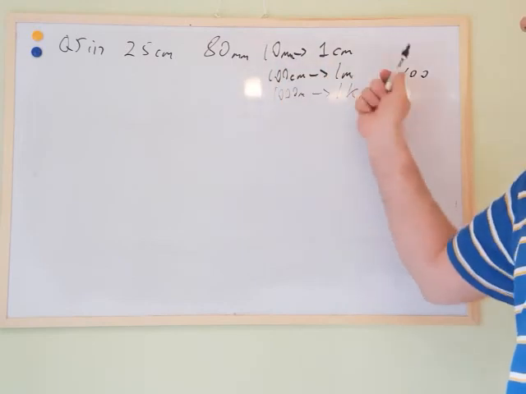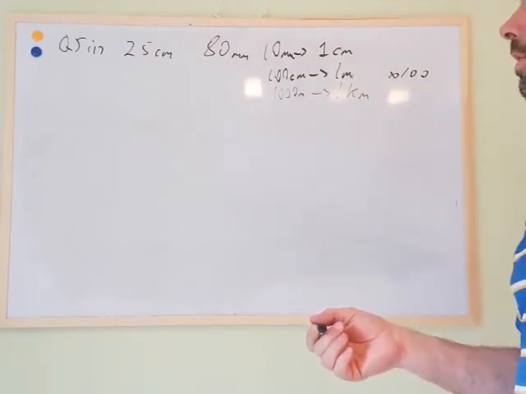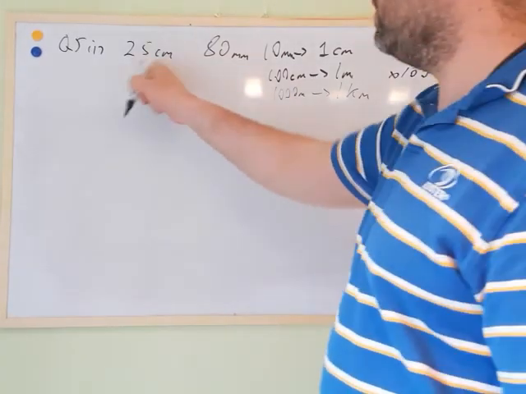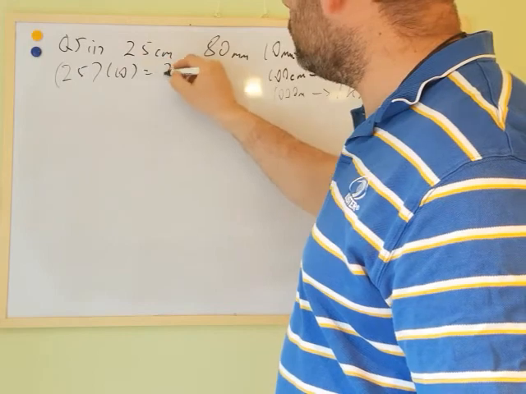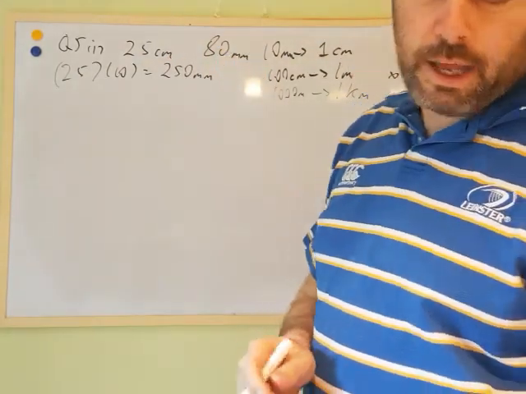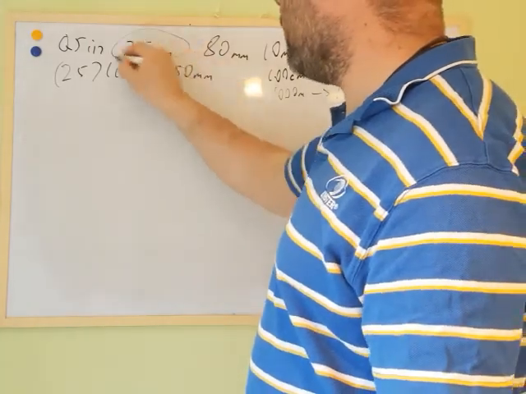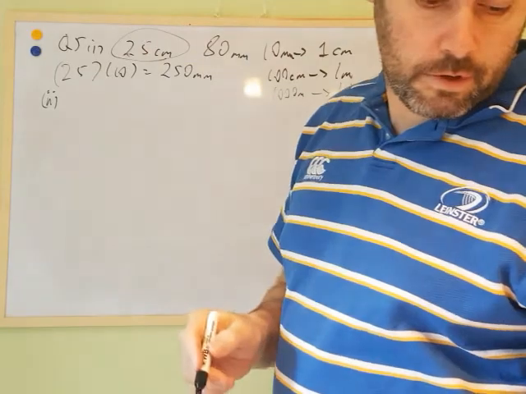If we want to convert from millimeters to centimeters, we divide by 10. So I'm going to change them both to millimeters. So that means it's going to be 25 by 10, which is 250 millimeters. Well, that's clearly bigger than 80. So our correct answer is 25 centimeters.